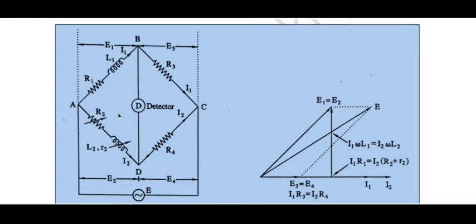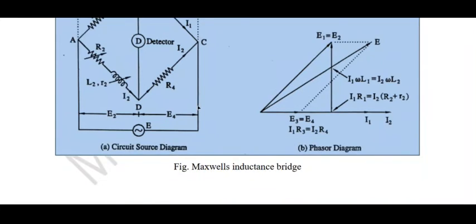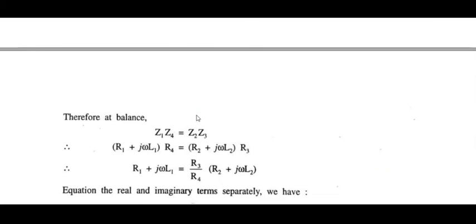So next, you can see over here that we can form the equation in this way. At a balance condition, Z1 into Z4 is equal to Z2 into Z3. If we have to balance any bridge, this is a very well known equation, that is Z1 into Z4 is equal to Z2 into Z3.